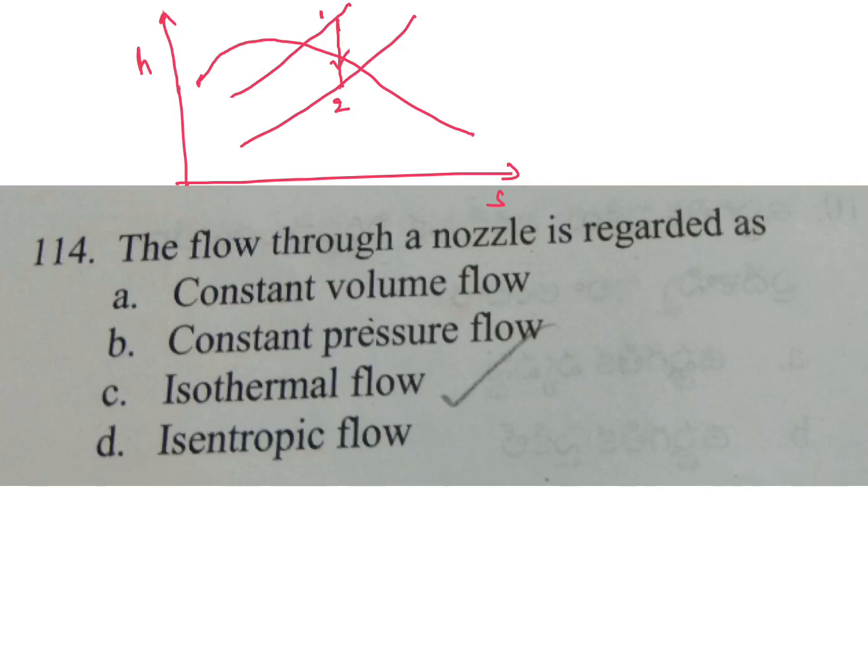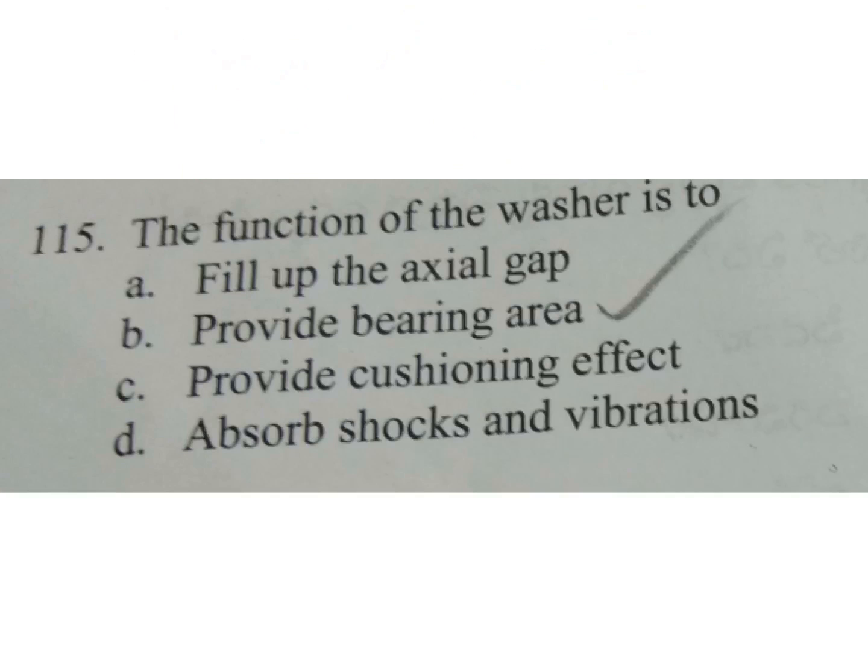This is an isentropic process, S1 equal to S2. This line is the saturated steam line. So the answer is D, isentropic flow from 1 to 2. Process 1 to 2 represents flow through the nozzle. This question was asked in the MT examination also.